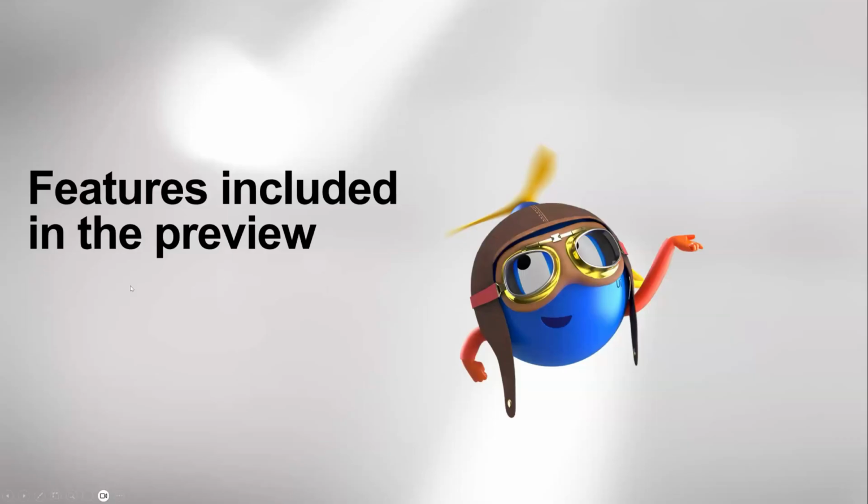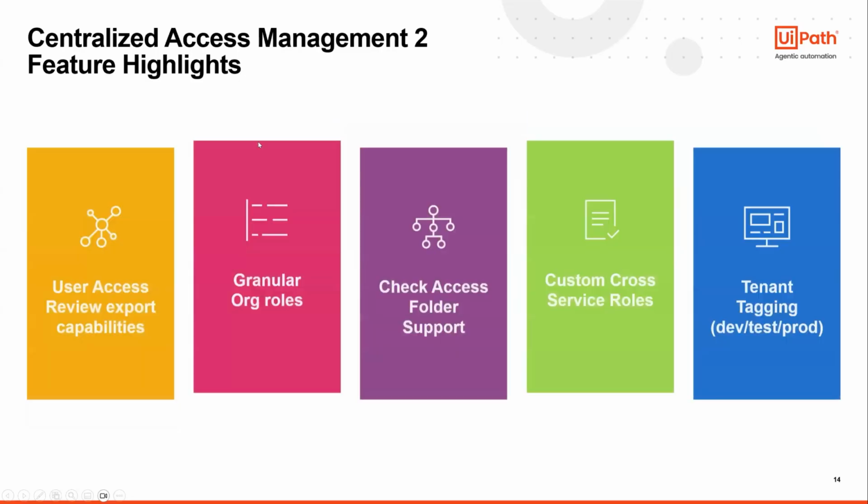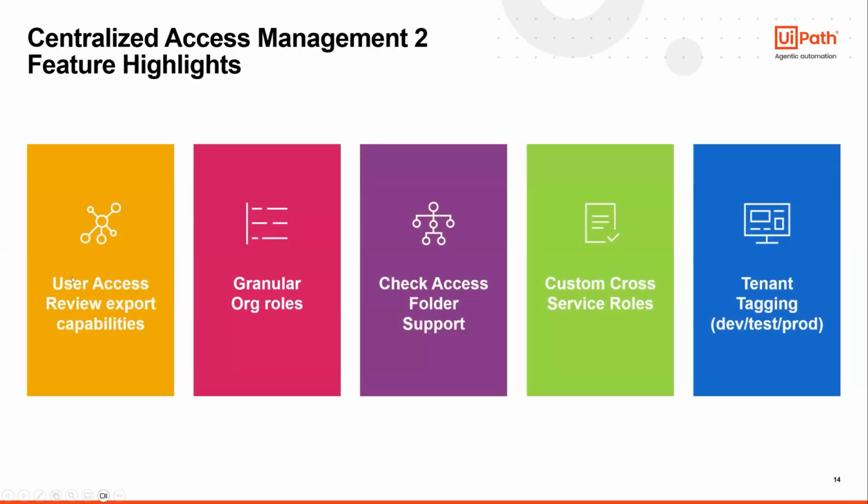Talking about the features, let's see what they are. These are the feature highlights. There's also some others that are just smaller and were not mentioned here. But the preview contained multiple features from audit, user access, review export capabilities, which we're going to see today.